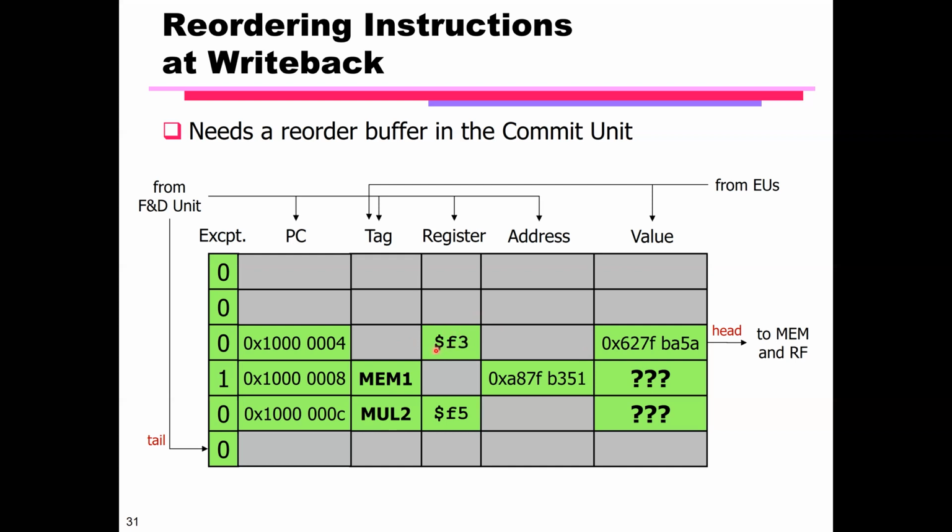Now, if it turns out that this first instruction has not yet been executed, but for instance, the second one has been executed, I do absolutely nothing, right? Because what this reorder buffer is doing is to put the results of the instructions in the register file at any time, but in the correct order.